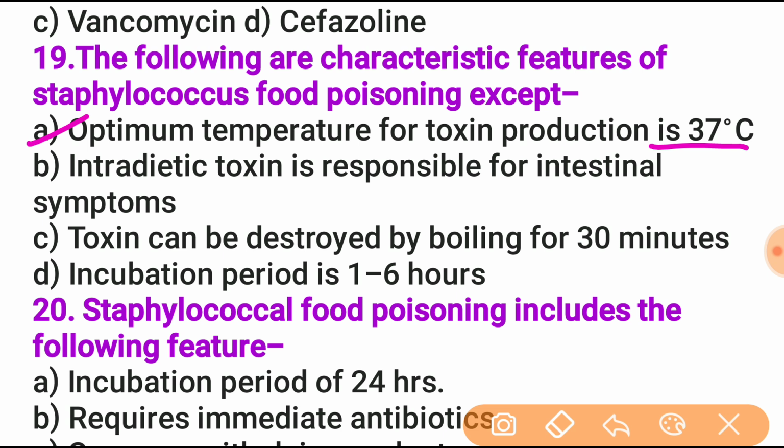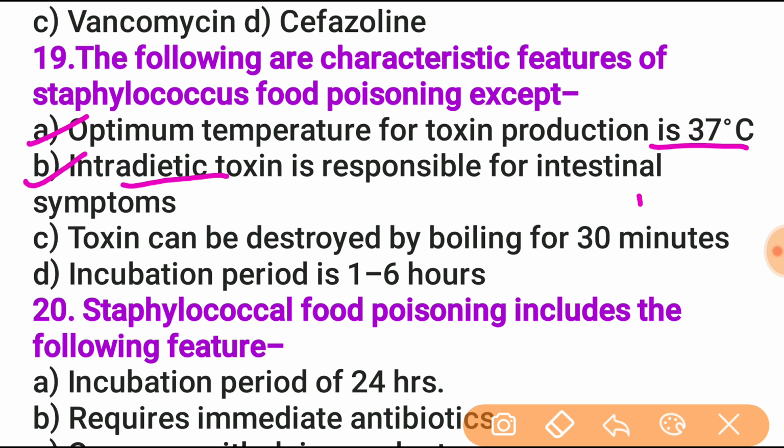That means the Staphylococcus toxins are preformed toxins, acquired by consuming contaminated food loaded with Staphylococcus. So the enterotoxin responsible for intestinal symptoms, it is also right.